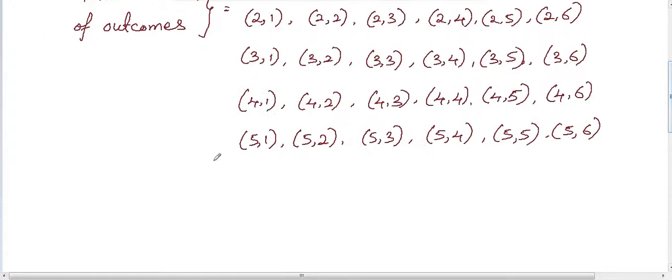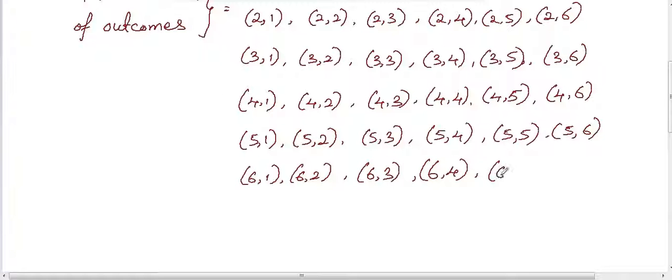And the last one is 6,1; 6,2; 6,3; 6,4; 6,5; and 6,6. So totally we have 36. So the total outcomes are 36.